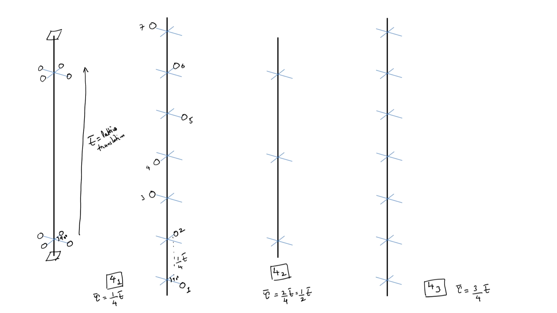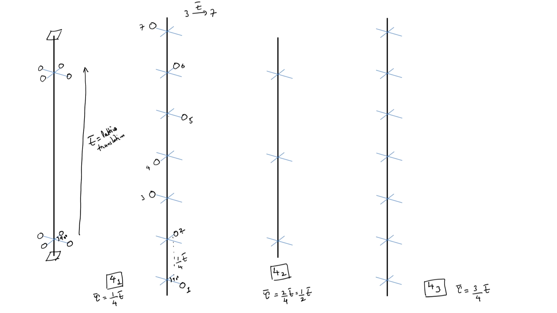For example, if I have to go from 3 to 7, so 3 is here, so 1/4, another 1/4, another 1/4, another 1/4, so 4 times 1/4 is a complete lattice translation. So, 3 to 7 is a lattice translation.